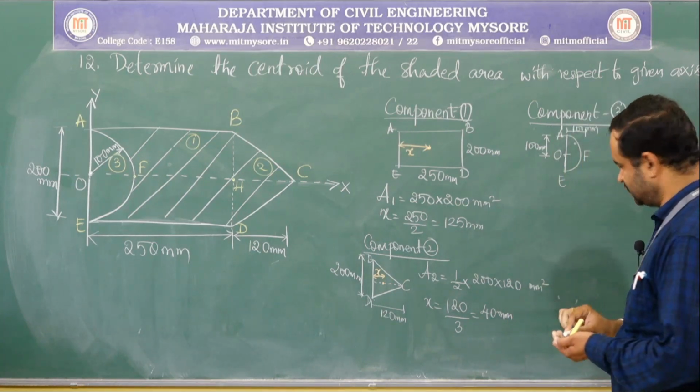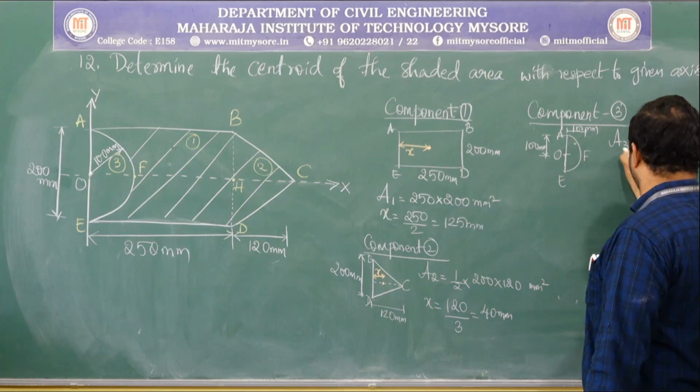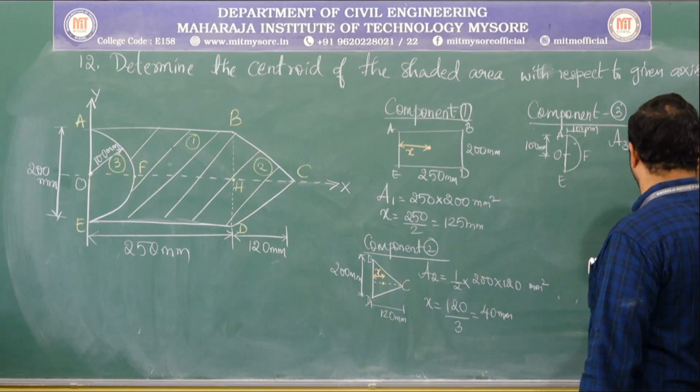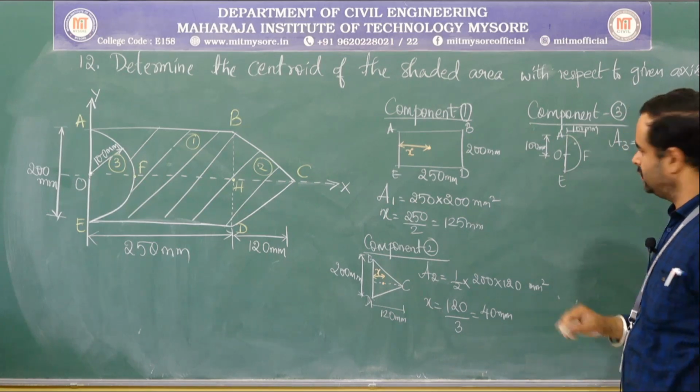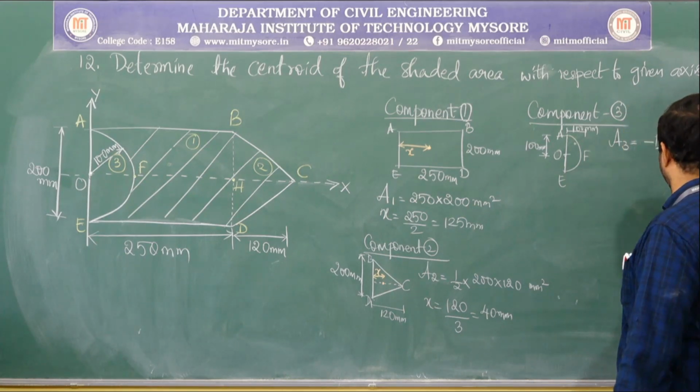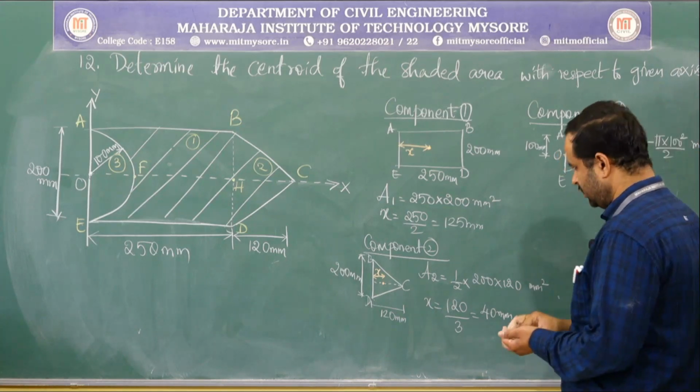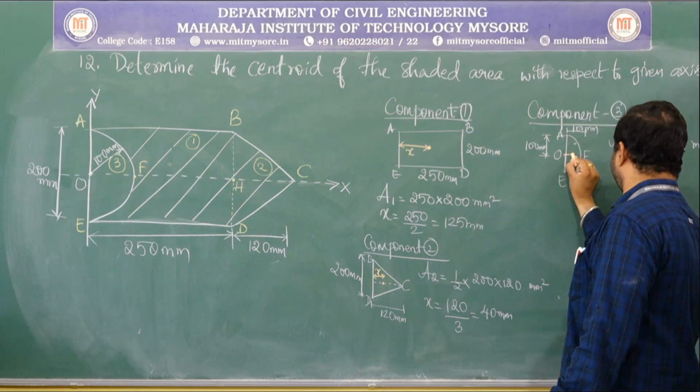Okay. Next, this area A3 is given as pi into 100 square by 2 because it is a semicircle, and write a minus sign, and then its x component.